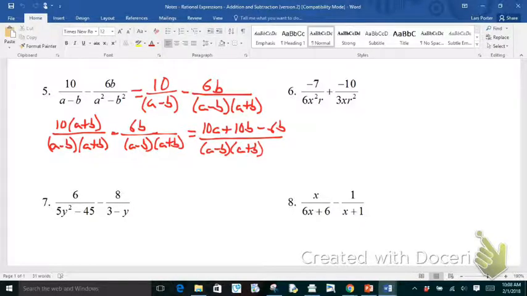Combining like terms on the top, we get 10a plus 4b over, and then again we can put these back together, which I'll do. I'm fine with you leaving them apart, but when we multiply these back together, it would take us back to a squared minus b squared. And again, nothing else that we can take out. So that would be final form.